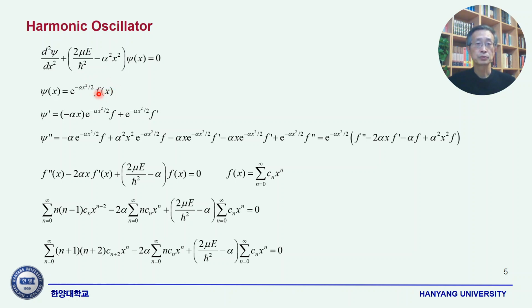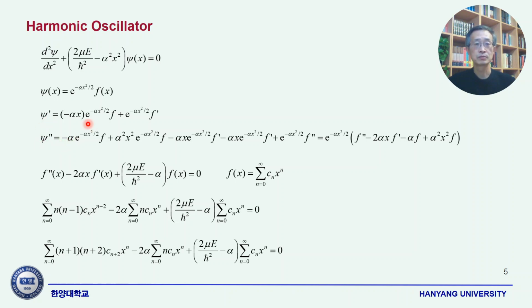Then we are going to express this equation in terms of the function f. So let's take the first derivative of this. First take the derivative of the first part and leave the second part alone, then leave the first part alone and take the derivative of the second part, just like this. Then we take another derivative of the first derivative to obtain the second derivative.